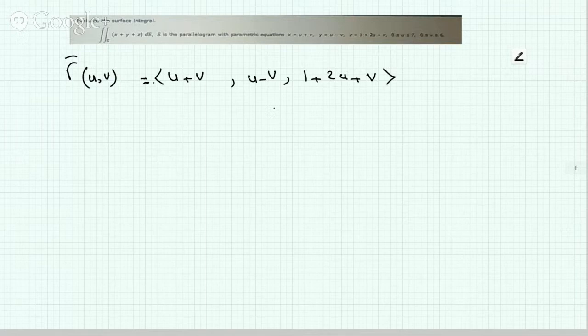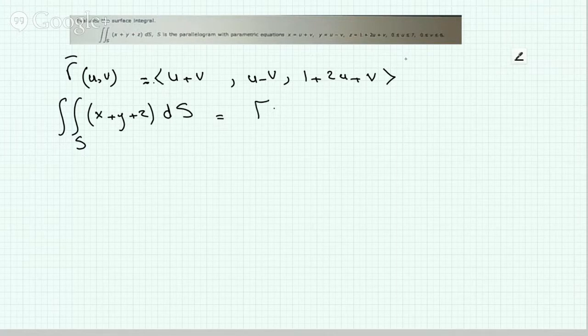So the way we do this is, we know that our double integral on surface S of x plus y plus z dS is the same exact thing as f of r of u,v dotted with the dS.